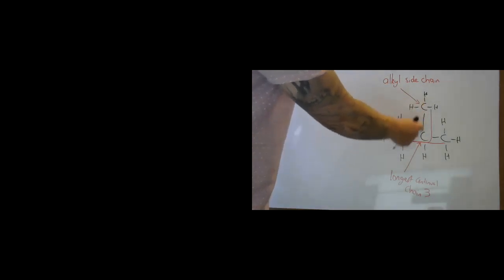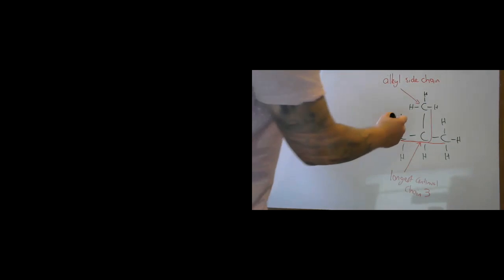So in order to name this, we can't just use the same old way we did with the alkane and alkyne. It's a little bit different. So we number the carbons so that the carbon that has the side chain coming off it is the lowest number possible. This makes it nice and easy. 1, 2. It doesn't really matter which way you name it from.